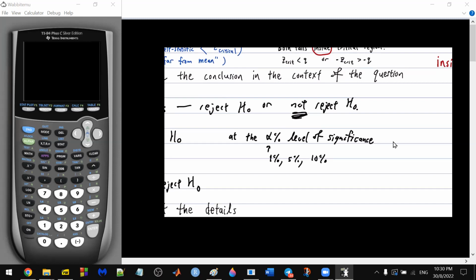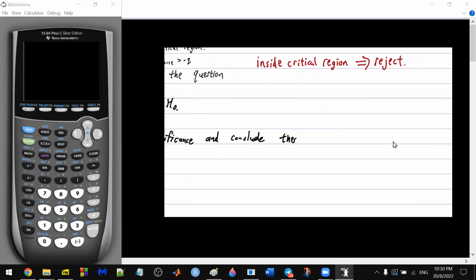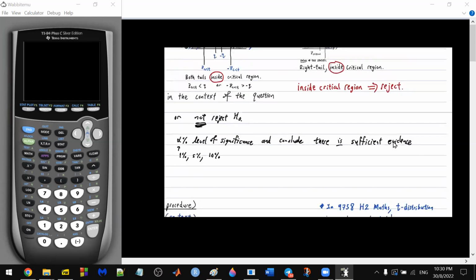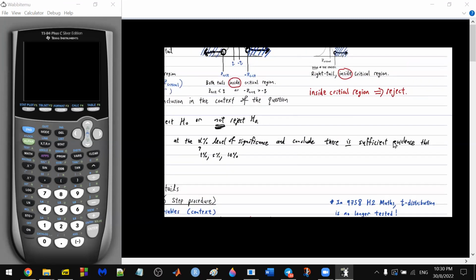Level of significance and conclude that there is sufficient evidence that H1 is true. You only talk about H1 at the back.